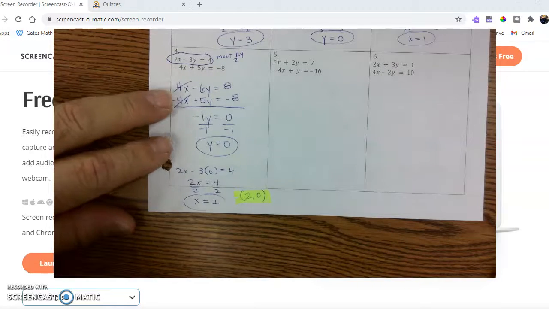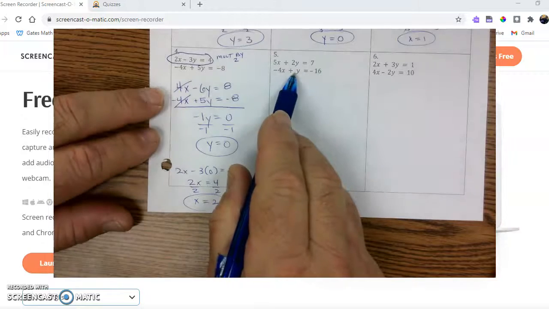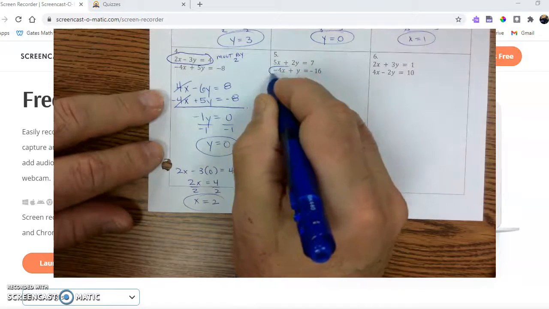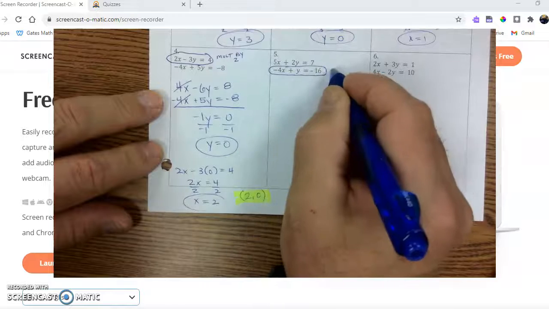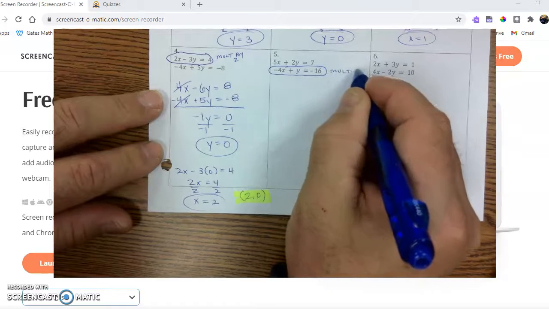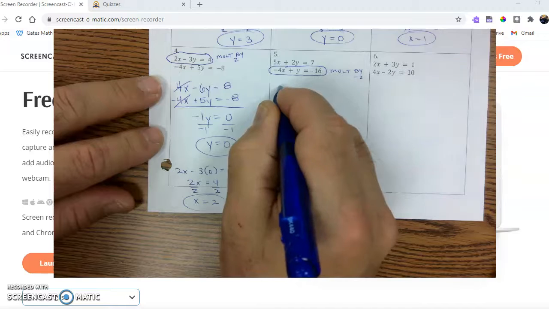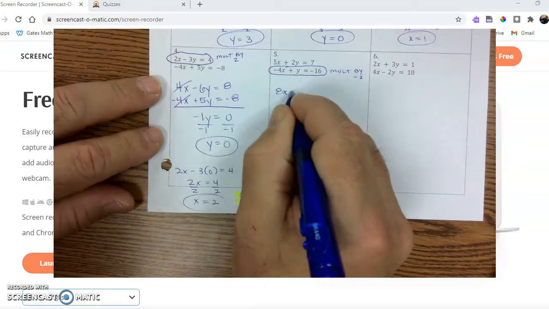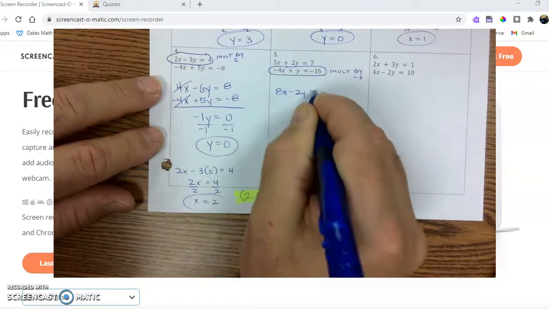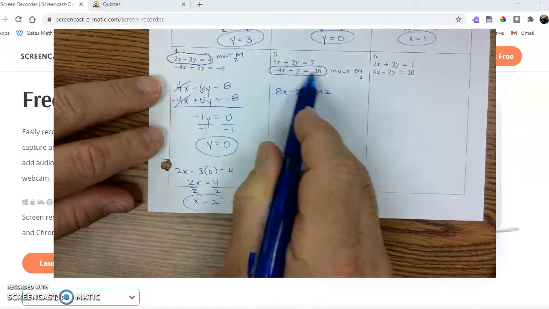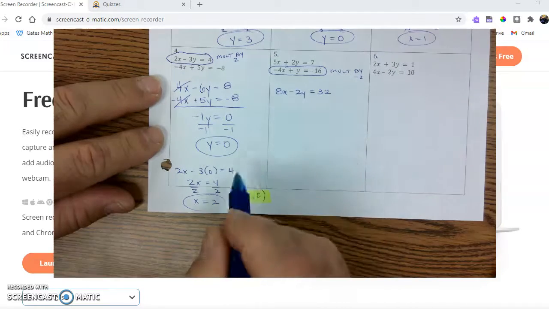Alright guys, in number 5, I want this to be a negative 2, because that's a positive 2. So I'm going to multiply this whole equation right here by negative 2. So I get positive 8x minus 2y equals 32. That's what I get when I multiply everything here by negative 2.